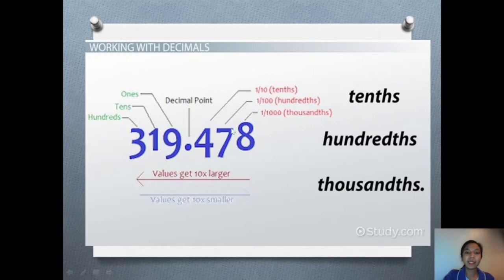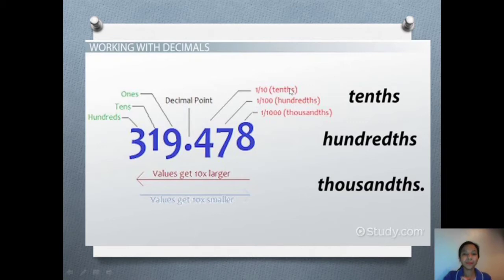Next, the second number here that we have, 7, the place value of the second number from the decimal point is hundredths. This time, the spelling is with TH. As you have noticed, tens and hundreds only end with S, no TH.